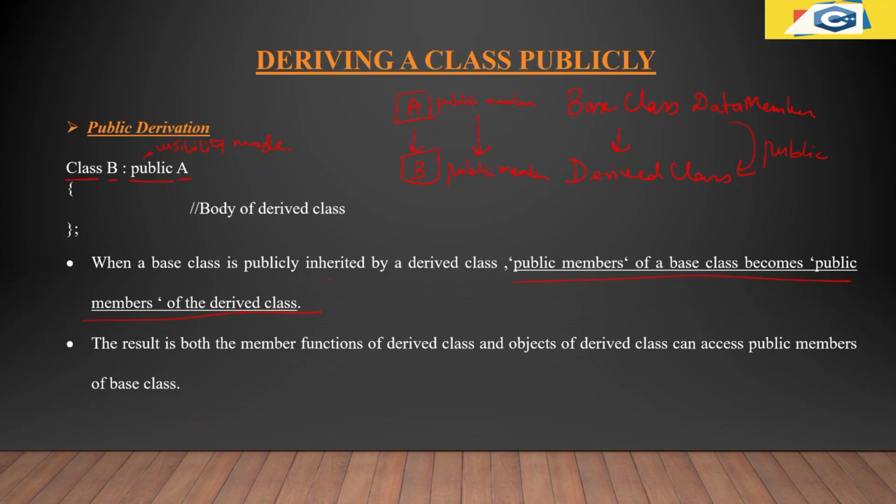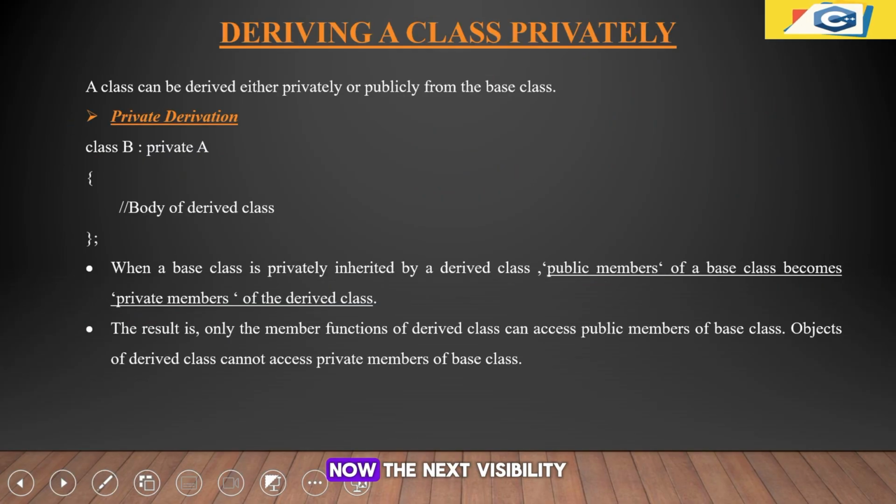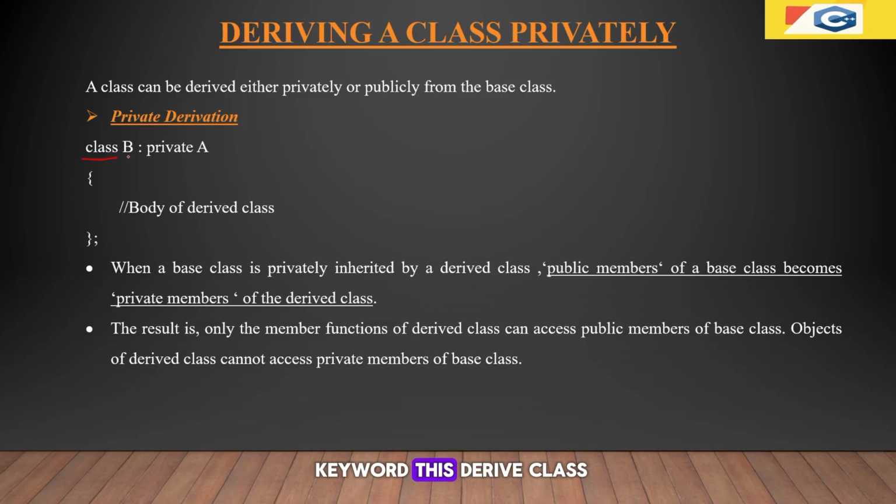Okay. Now, the next visibility mode is private. So I have the keyword, the derived class, the visibility mode, which is private this time, and A is the base class.